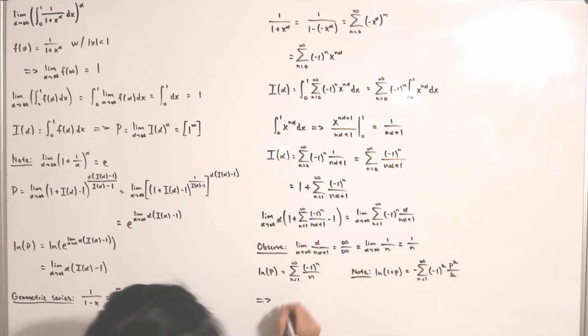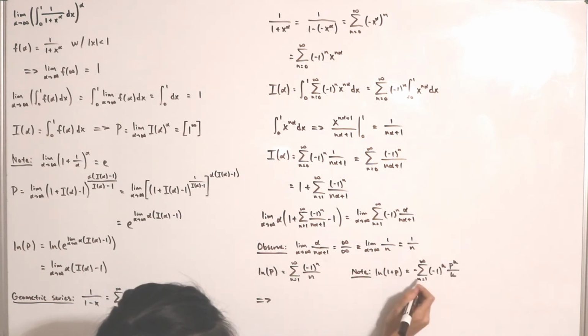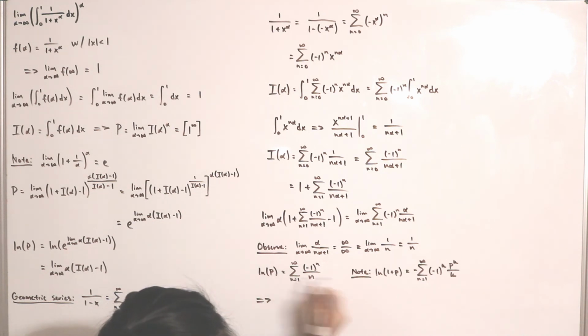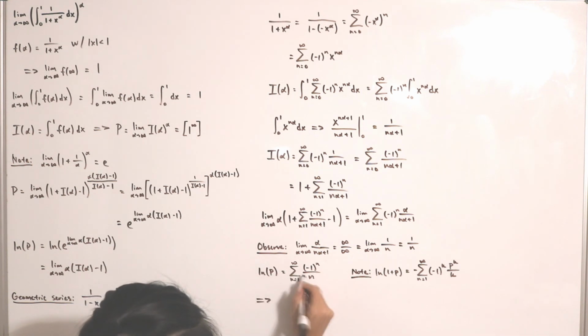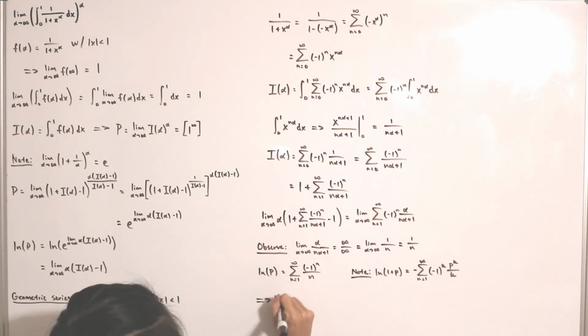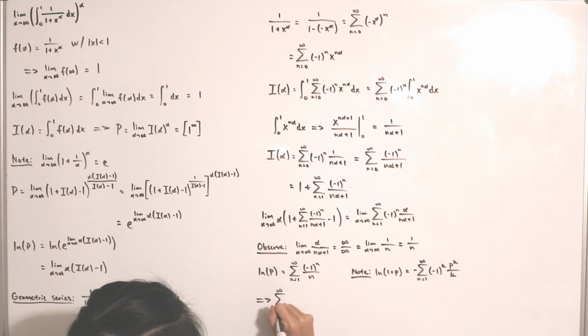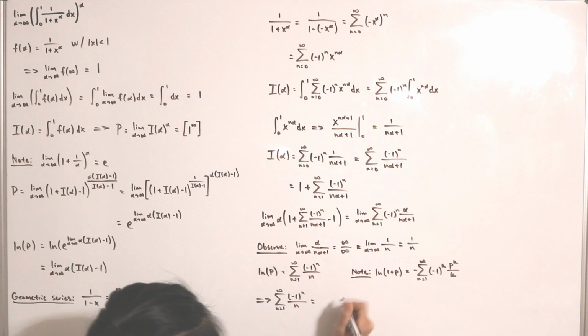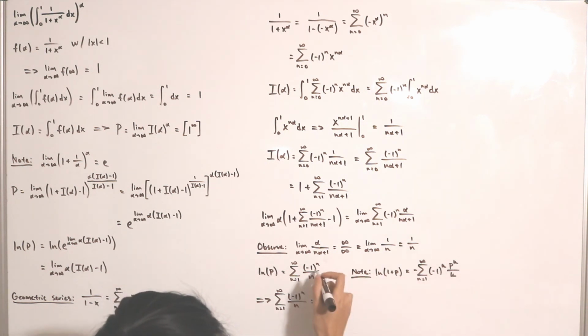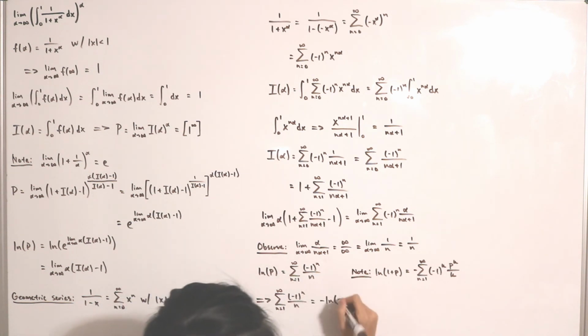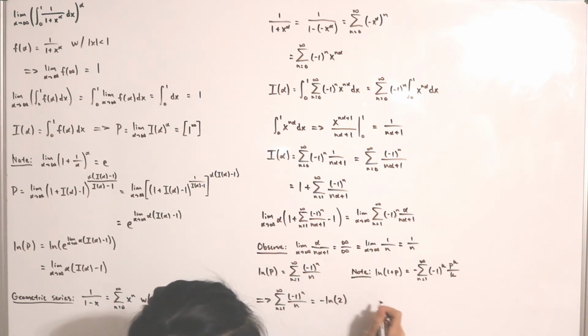So we substitute p into here, and since this is a positive series, not a negative, I have to move the negative to the opposite side. So the infinite series from n equals 1 to infinity of (-1)^n divided by n is equal to the negative natural log of 1 plus 1, which is the negative natural log of 2.